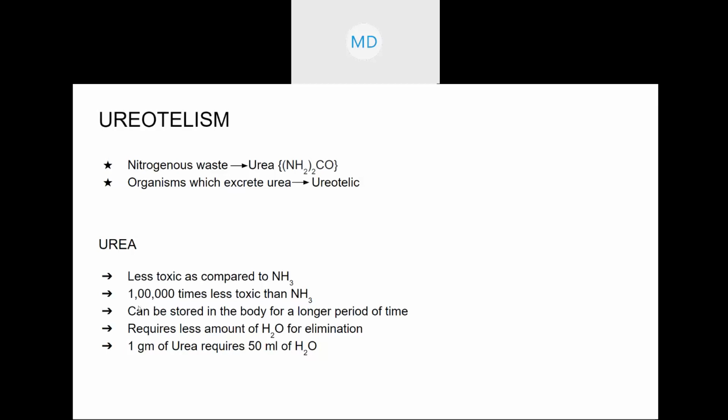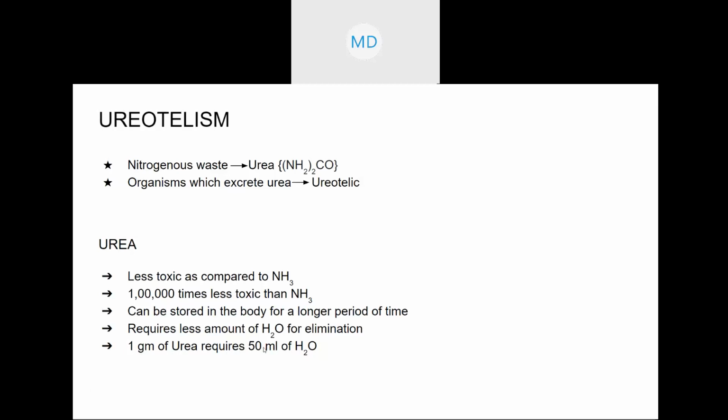The next advantage is that it requires less water for elimination. In the last case we saw that 1 gram of ammonia requires half a liter. Here, 1 gram of urea requires only 50 ml of water, which means water loss is also very low. Terrestrial means living on the land, and for organisms which live on land, water is very scarce. Everywhere we see save water, save water, because we have less water for consumption.